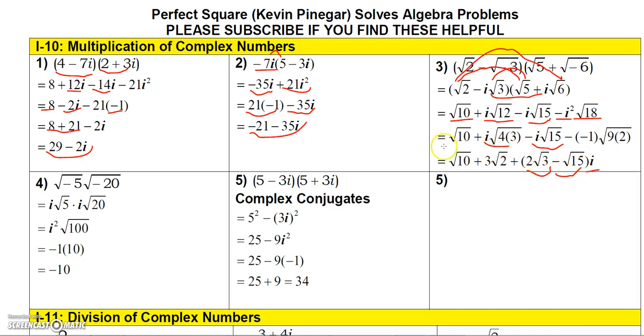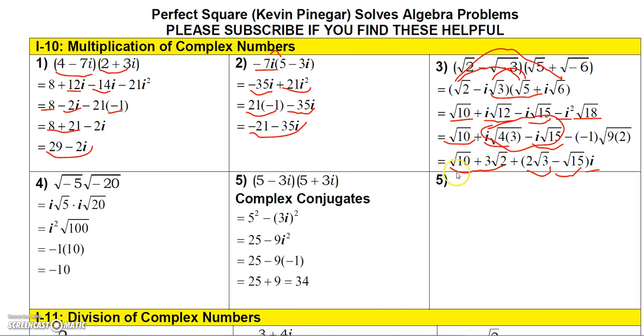And then the terms that don't have the i with them, the square root of 10, bring it down, and then this is a minus, so it's going to be plus, and then take the square root of 9 out, so you'll get plus 3 times square root of 2. So I kind of shortcutted that step. I probably could have put a step in between there, but basically what I'm doing is combining these terms to get the last expression, and then combining the first and last term to get these two terms.